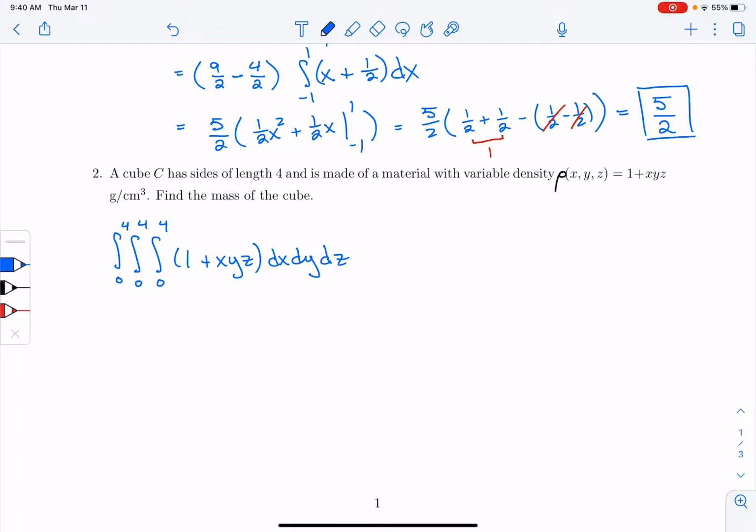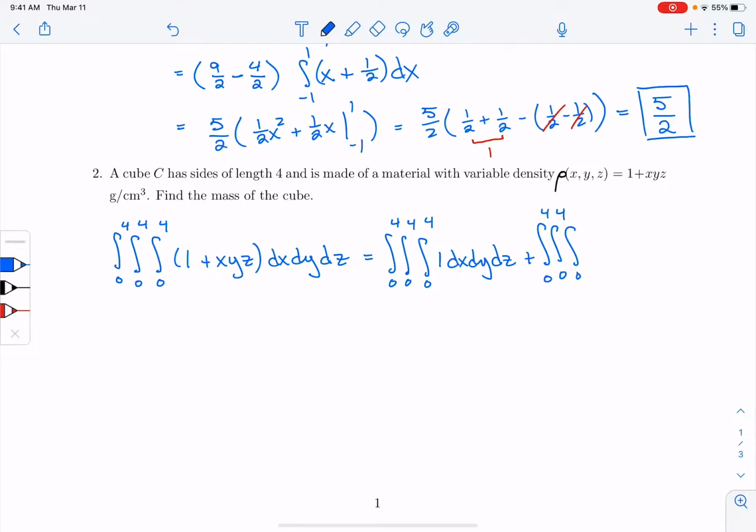And so I want to do that integral to find the mass, but I want to be smart about how I do it. I'm going to integrate from 0 to 4 in each direction, and I'm going to write this as the triple integral of 1 dx, dy, dz plus the triple integral of x, y, z dx, dy, dz.